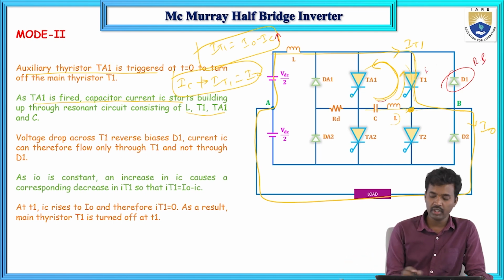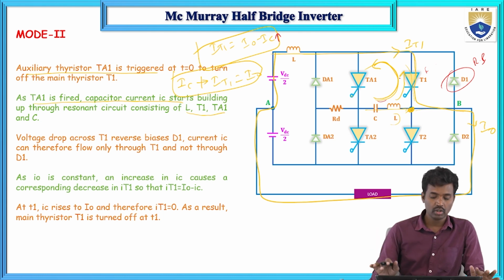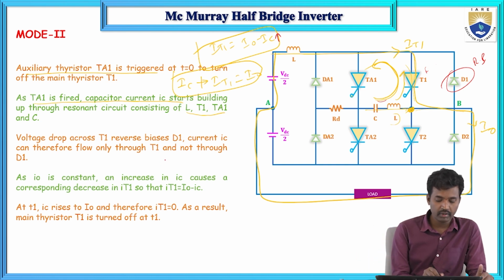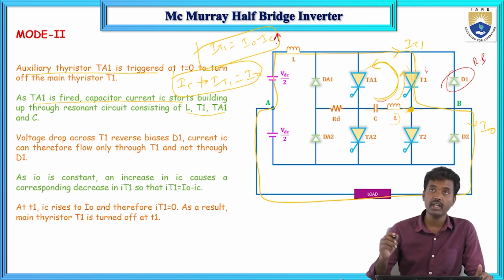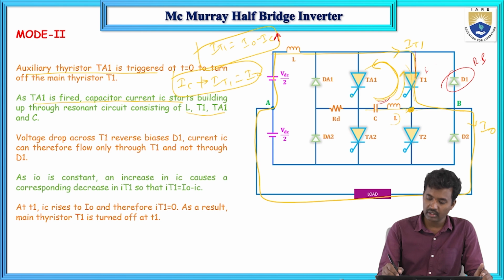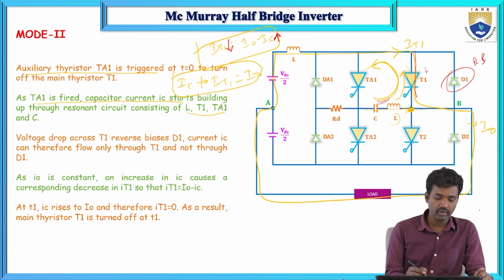They are connected in anti-parallel fashion, one forward biased and the other reverse biased. With I0 constant, as IC increases, the IT1 current will decrease. So now what will happen?